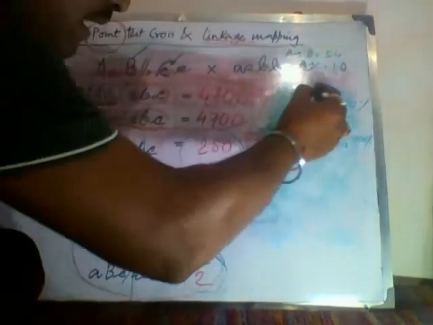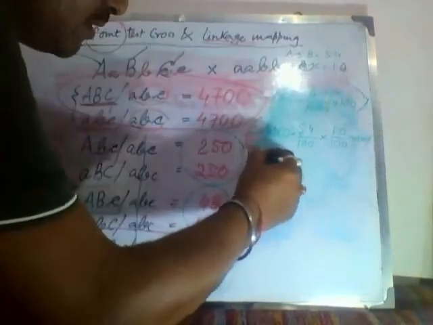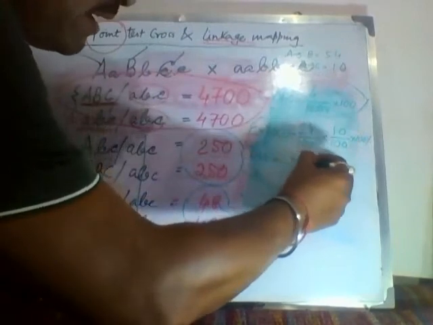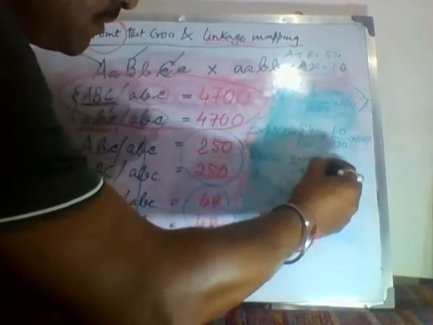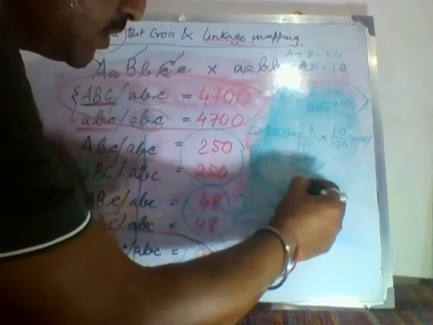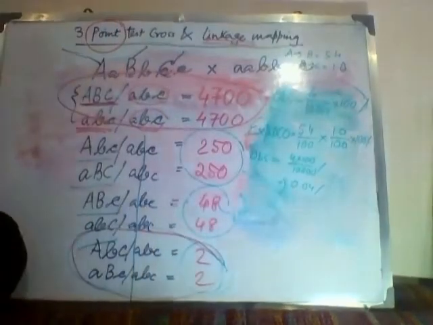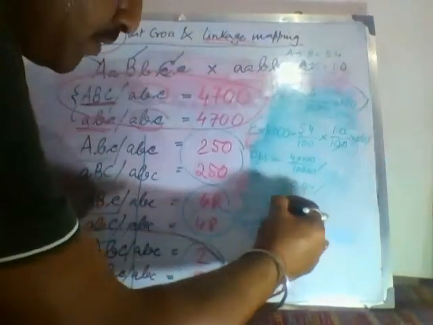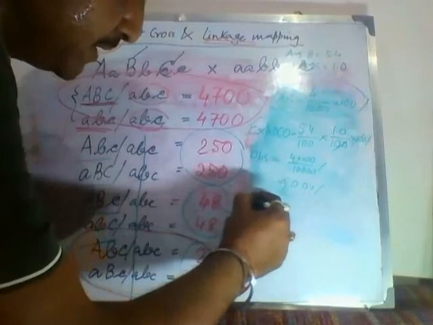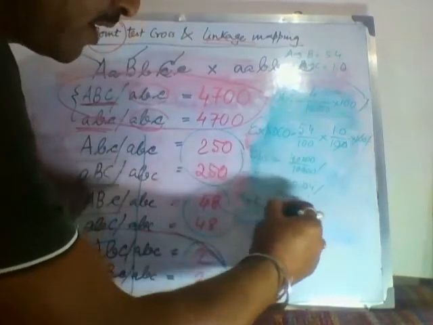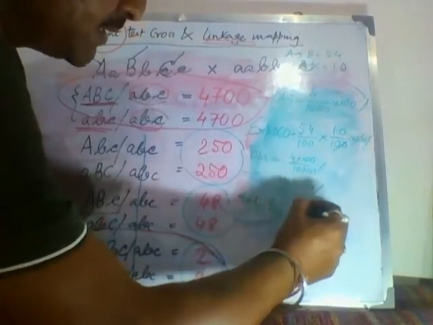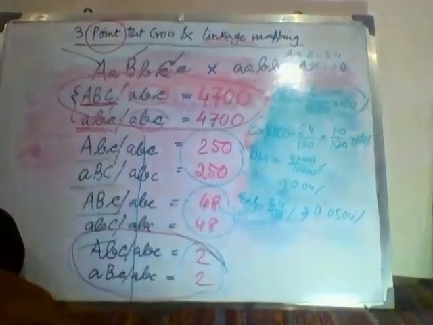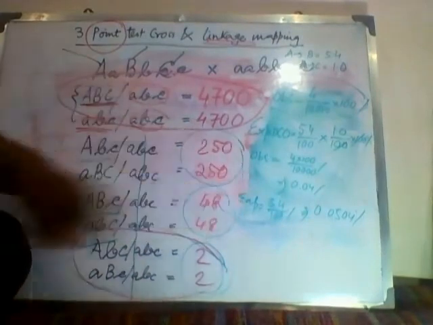So let's calculate observed DCO first. This is 4 into 100 divided by 10,000, which comes to 0.04%. And the expected comes to 5.4 divided by 100, which is 0.0504%.